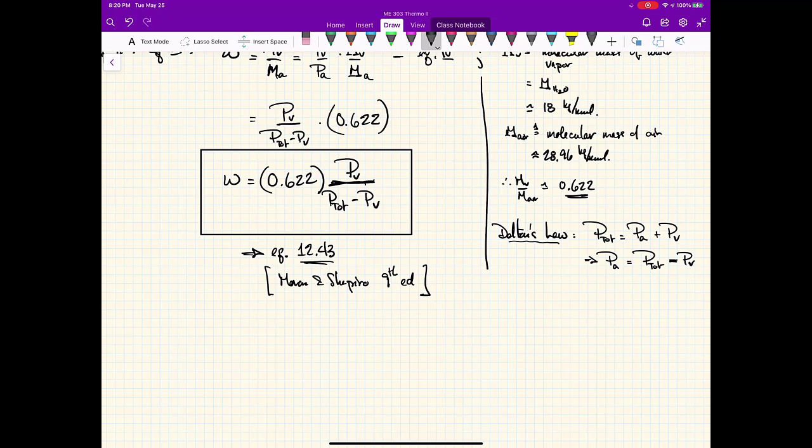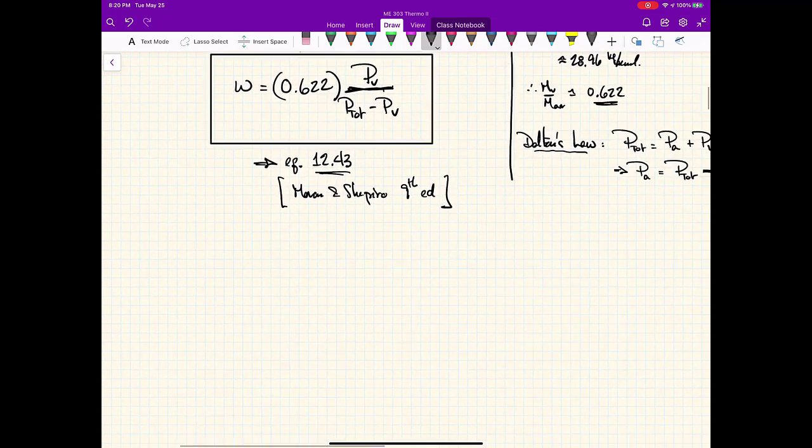Now, as far as the partial pressure of the vapor itself is concerned, you can relate that to the relative humidity, which is also a quantity that's usually given to us in psychrometry.